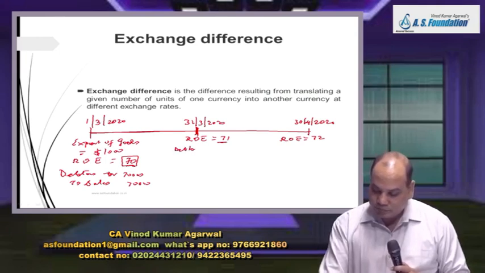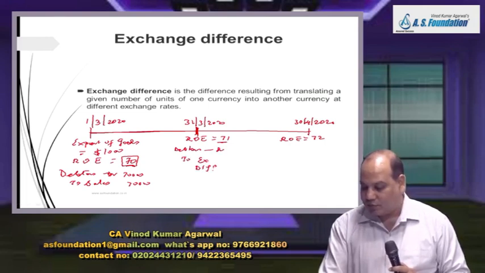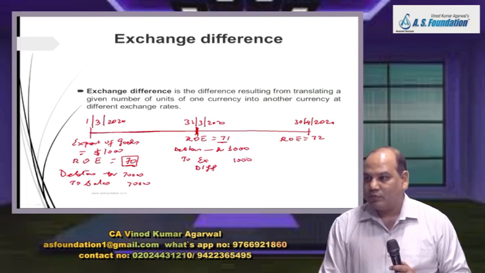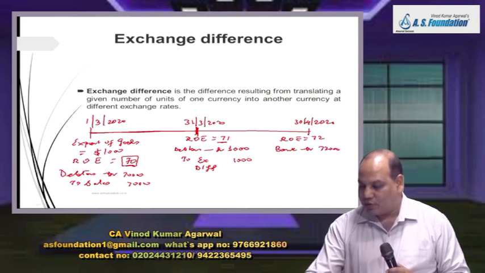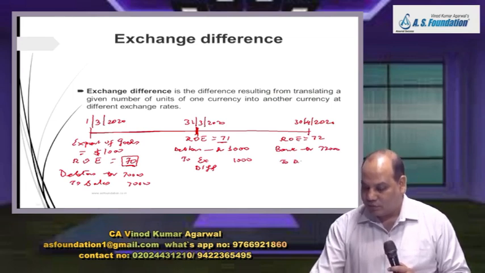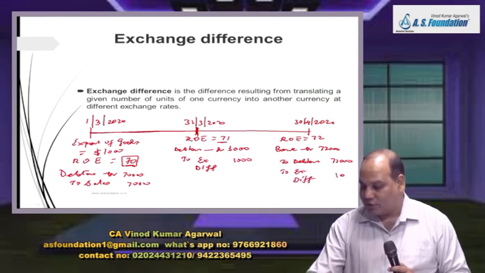Entry: debtors account debit to exchange difference, 1 rupee into 1000. This is called exchange difference. Now when he makes the payment, the rate is 72. So I will receive 72,000. I will de-recognize debtors, but debtor is 71,000. Again there is a difference. So this again we will call exchange difference of 1000.